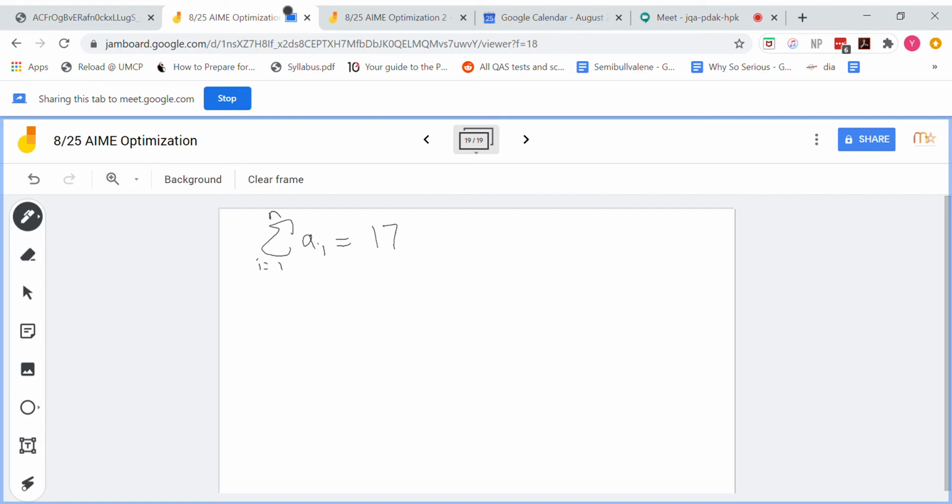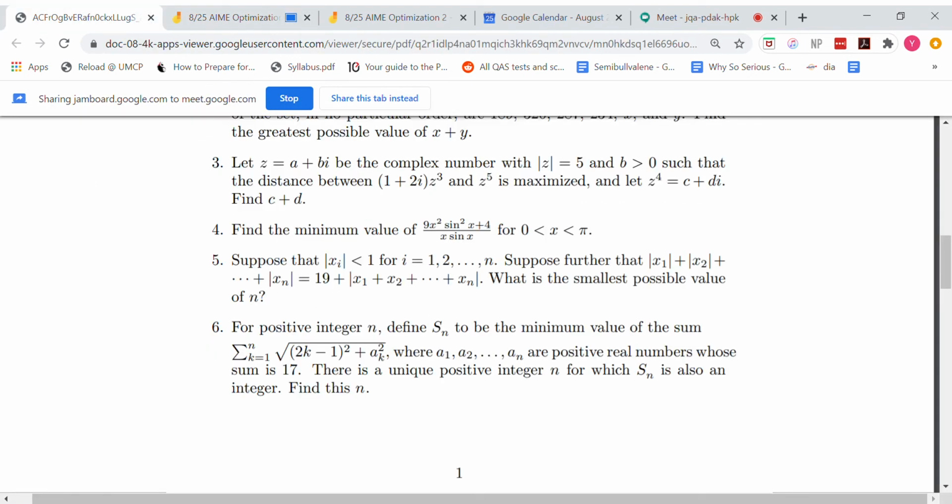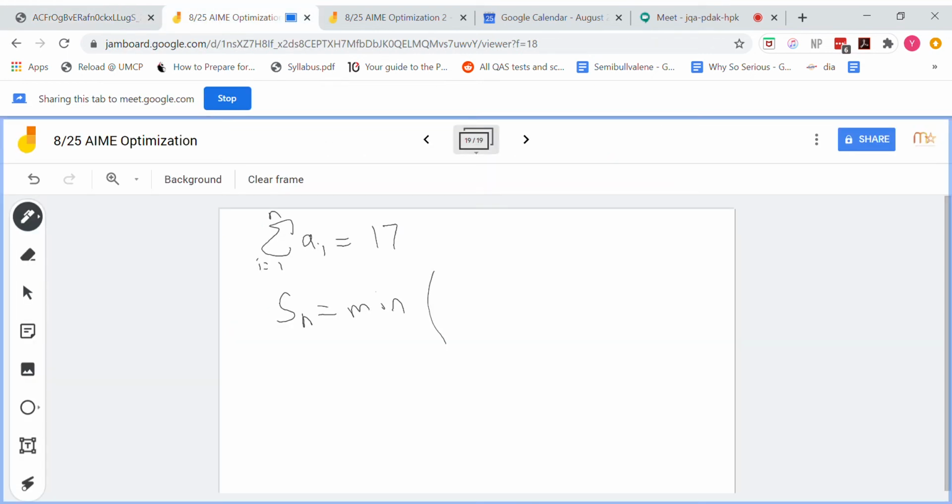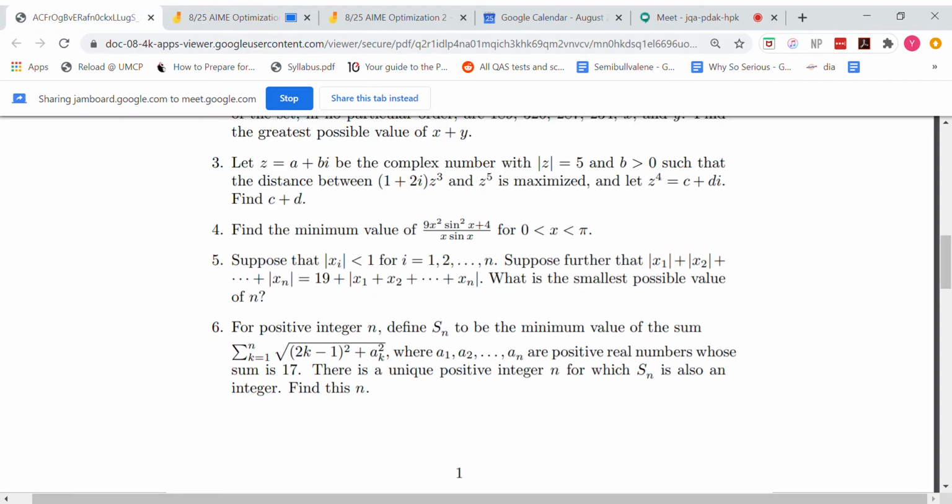And what we're also told is that s of n equals the minimum value of the sum of the square root of (2k minus 1) squared plus a sub k squared, for k equals 1 to n.